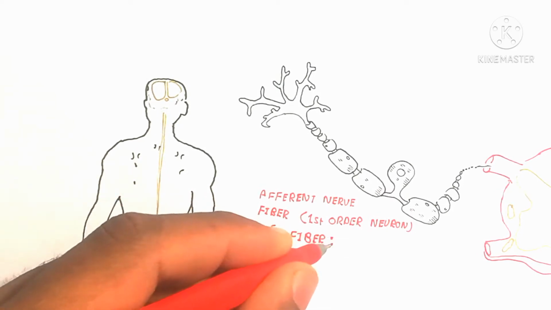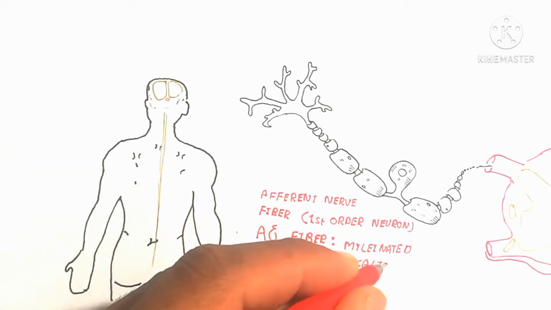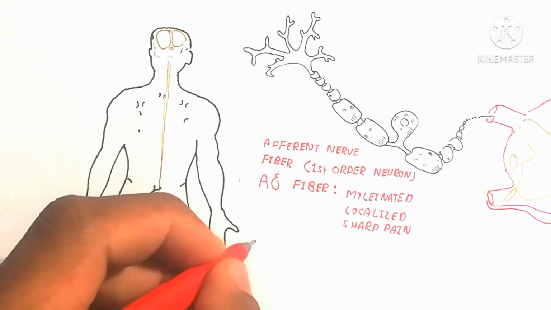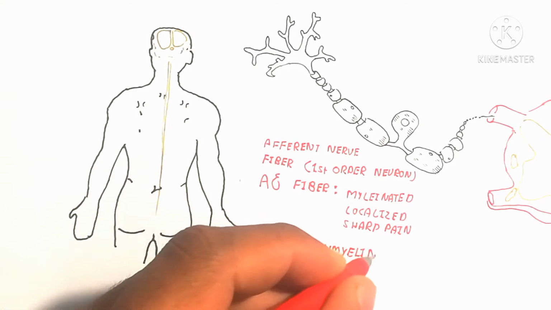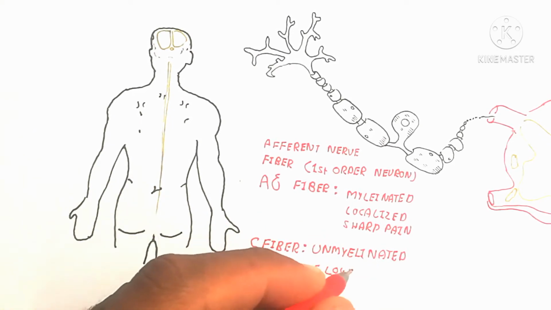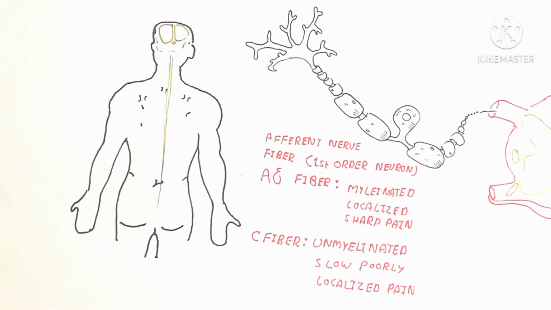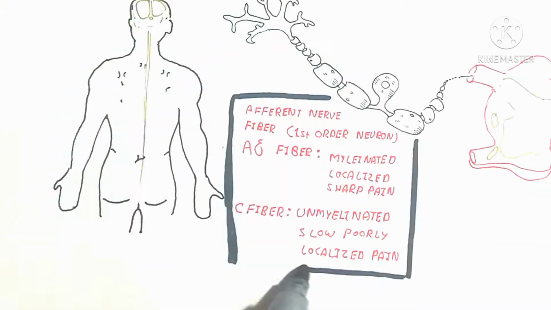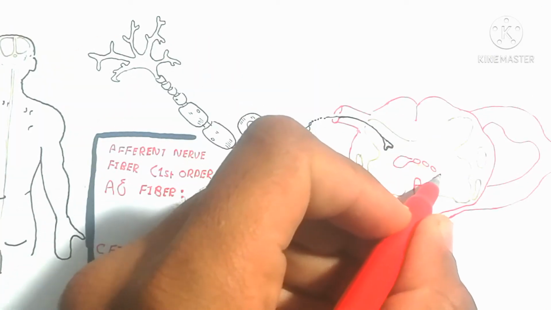A delta fiber is myelinated, with localized, sharp pain, and C fiber is unmyelinated, with slow, poorly localized pain. On the other hand, the sharp pain fiber is the A delta fiber.